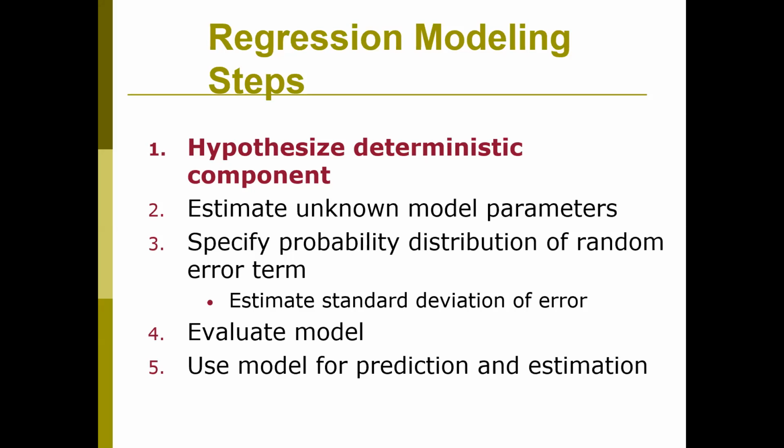Then number two that we're going to do is this: regression models have parameters. Of course, regression models have regression parameters. And what are parameters? Parameters are population characteristic values that we are seeking to determine.